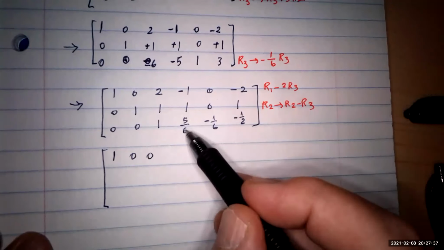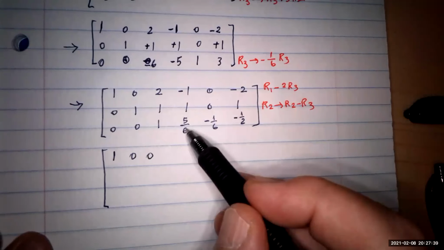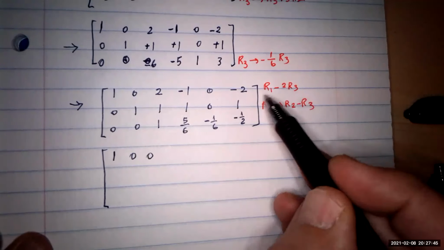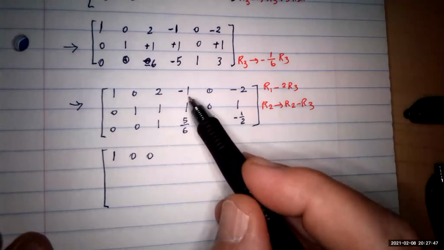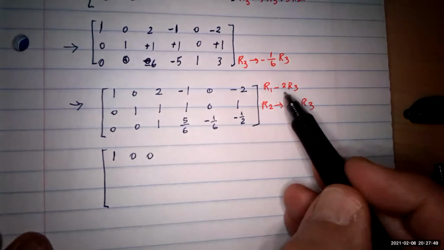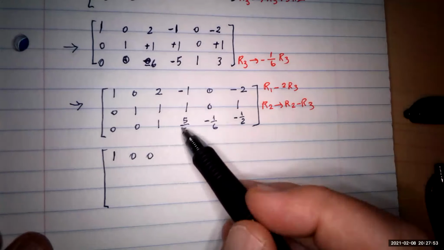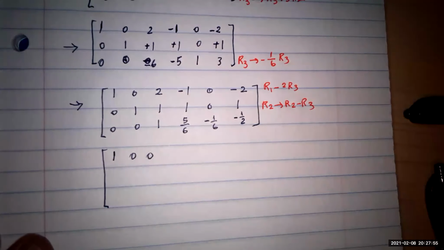2R3, if you multiply by this one, that gives you negative 5/3. Because this is negative 1, 2R3, so this is going to be negative 5/3 and the negative 1 is okay.